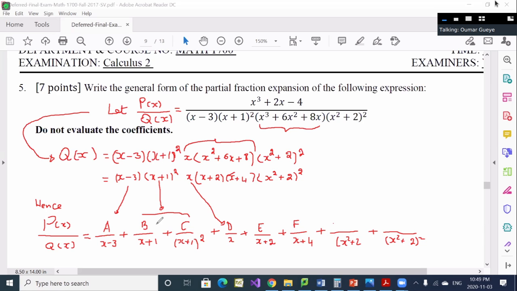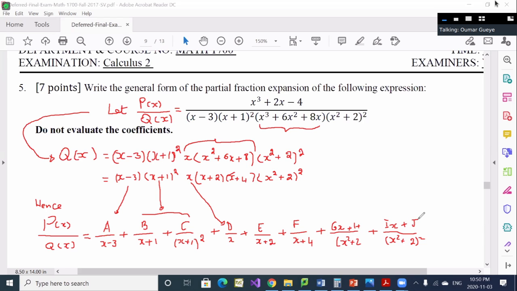And the numerator here is going to be Bx plus C. But since I already used B and C, I have to change the name of the coefficients. I'm going to use Gx plus H, and I'm going to use Ix plus J, and you're done.